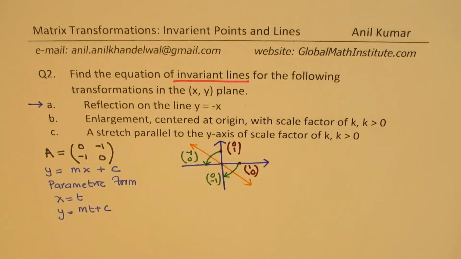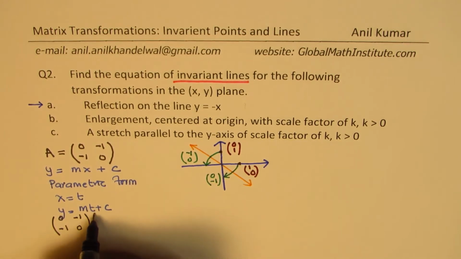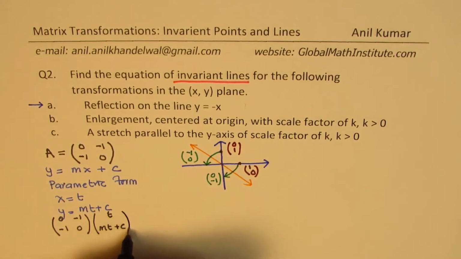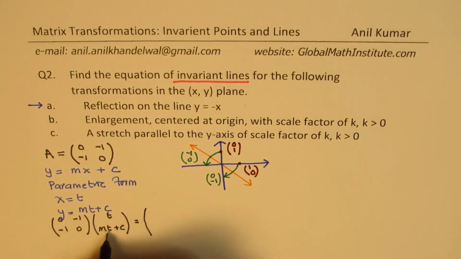And therefore, we are looking into the image, which will now be, when this transformation is applied on t, mt plus c. What you get here is minus of, so 0 times t is 0, minus 1 times this.